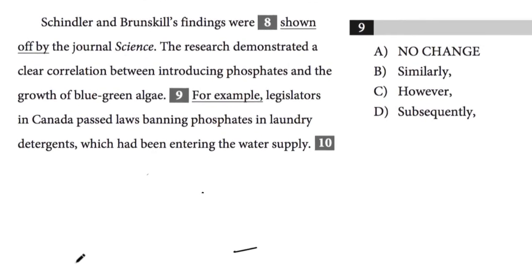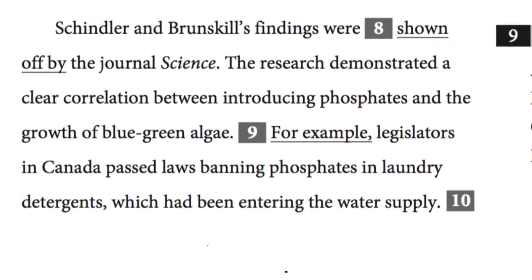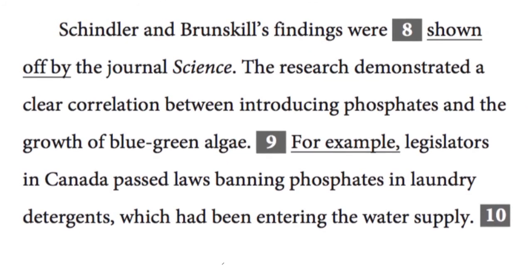The first step is to read before and after the underlined phrase. Let's go ahead and do that. Before the underlined phrase, we have: Schindler and Brodsky's findings were shown off by the journal Science. The research demonstrated a clear correlation between introducing phosphates and the growth of blue-green algae.